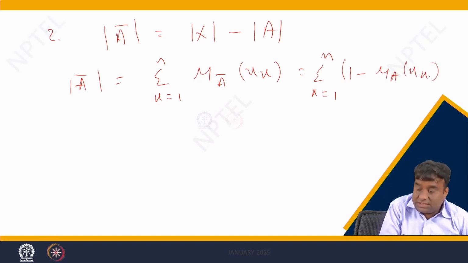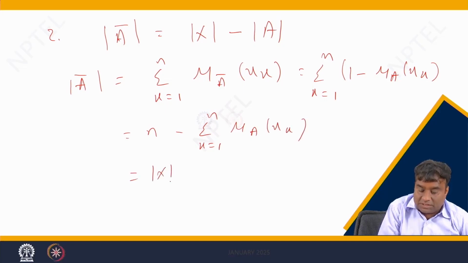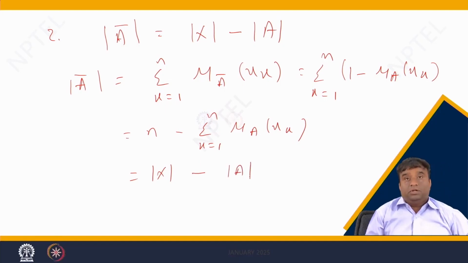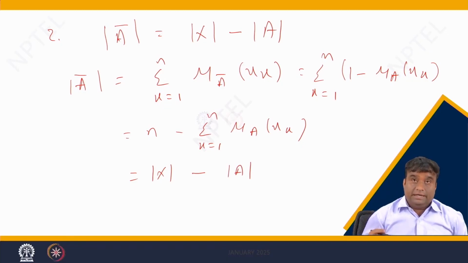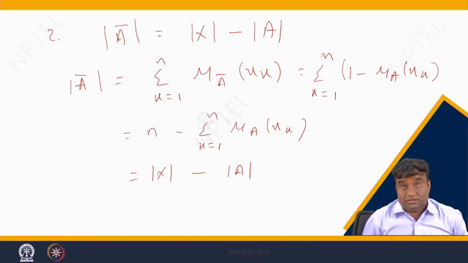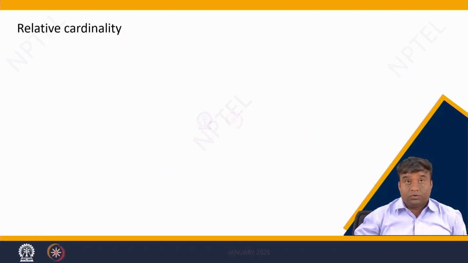So this is n minus summation k equal to 1 to n of mu A xk, that is, the number of elements of the universe set X minus the cardinality of A. So we have proved that the cardinality of A complement is the cardinality of the universe set minus the cardinality of A.